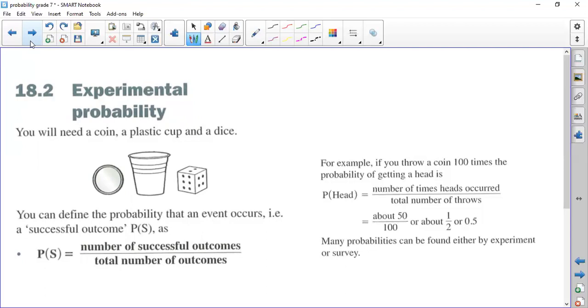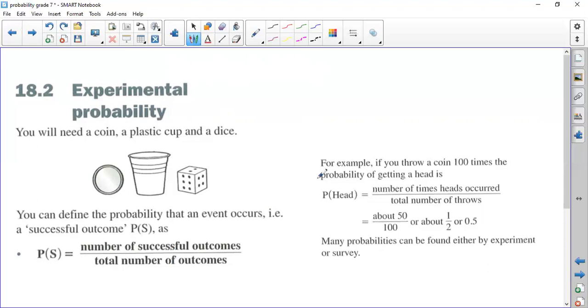So the probability of a successful outcome is the number of successful outcomes over the total number of outcomes. Okay, the number of successful outcomes over the total number of outcomes.